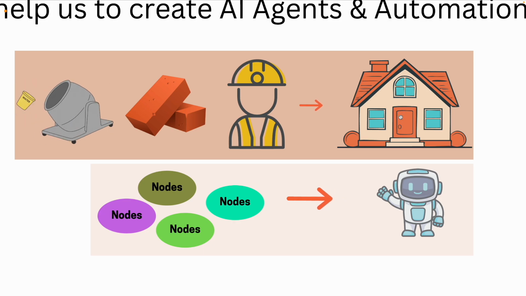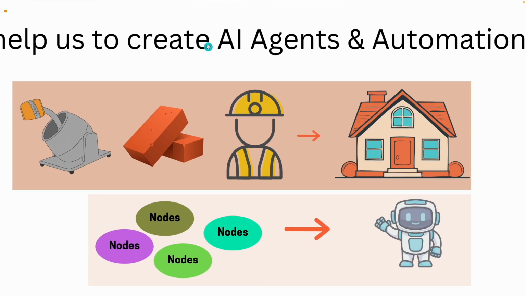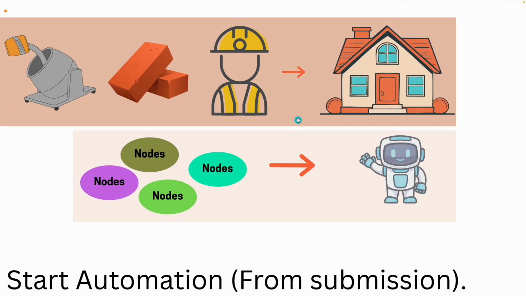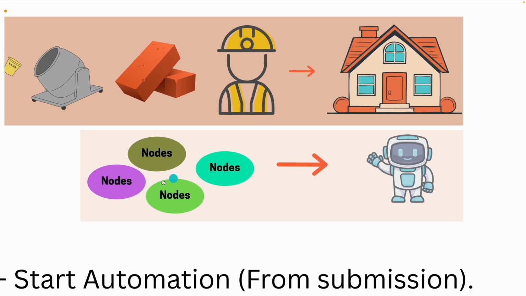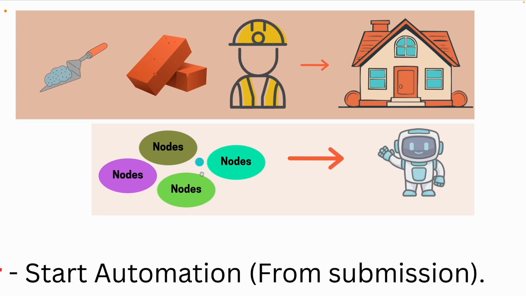Similarly, guys, when we talk about building an AI agent and automation, you need different types of nodes, and these different types of nodes will allow you to build your own AI agent and automation.